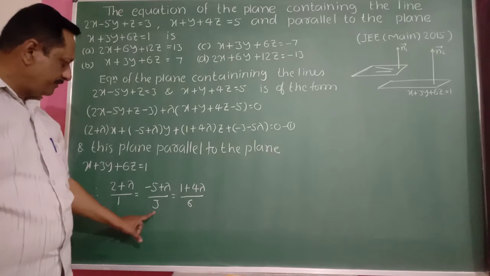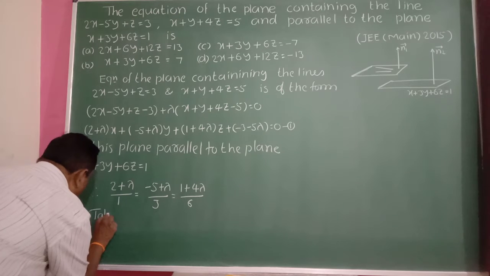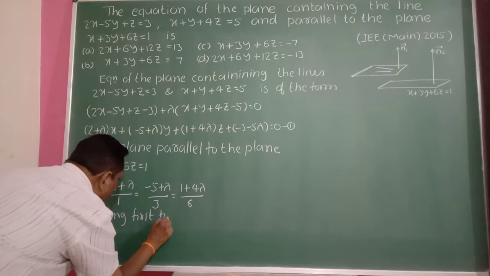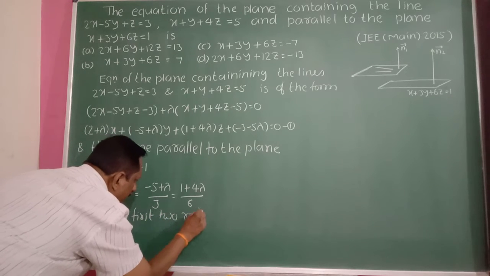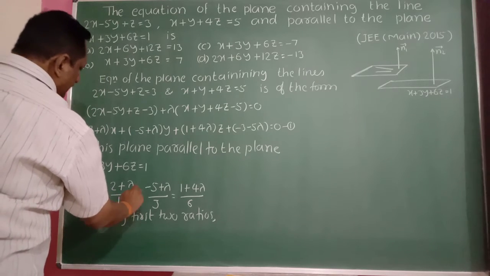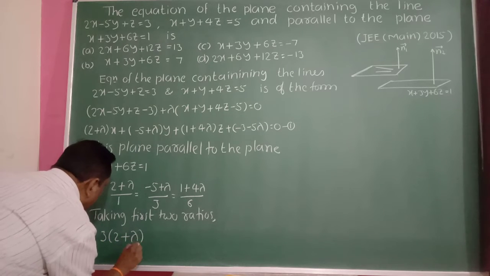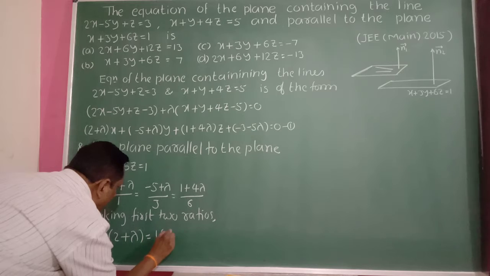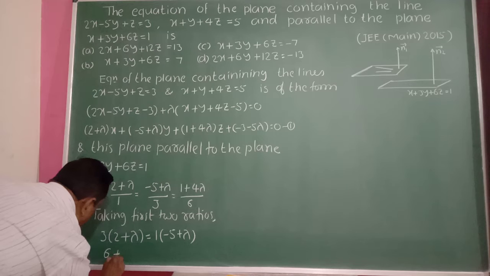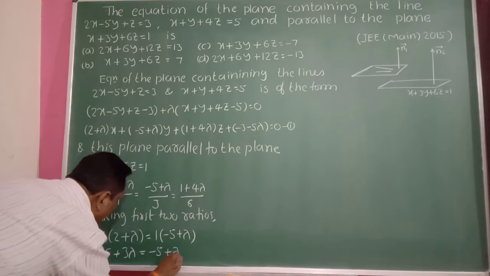Then equating the first two ratios here, across multiply: take 3 this side, 1 this side. So 3 into bracket 2 plus lambda is equal to 1 into minus 5 plus lambda. 3 twos are 6, so 6 plus 3 lambda is equal to minus 5 plus lambda.